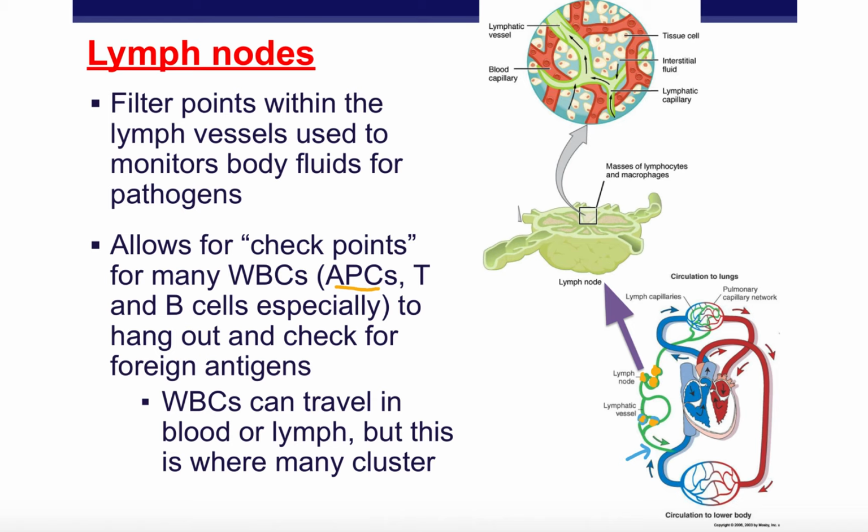And that gives the lymph nodes opportunity to populate if they attach to the antigen. So then you'll get plasma cells from the B cells being formed, the helper T cells getting divided and activated, and then the cytotoxic T cells getting divided and activated. All that occurs because you have these stations that make it really easy as a checkpoint to check for disease.